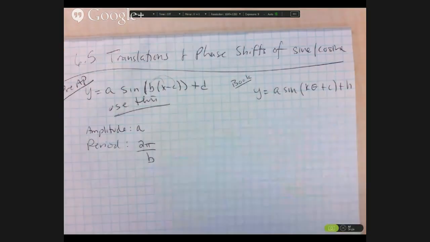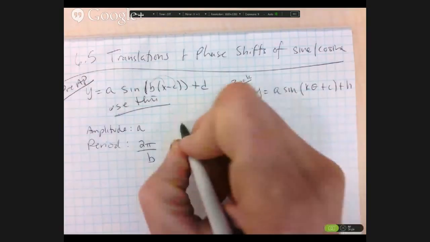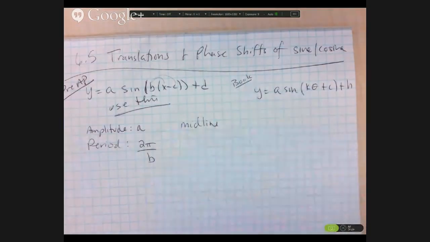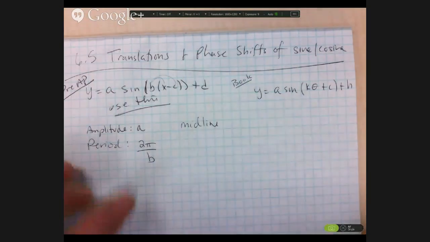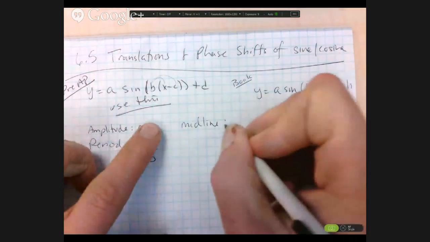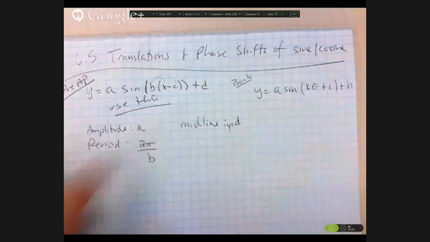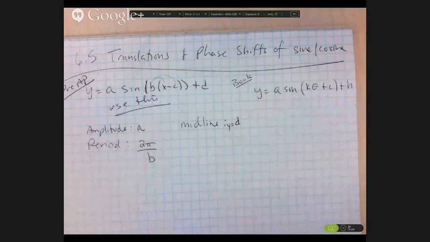We have been graphing on the x-axis, right? That's what we can call the midline. That's where the function goes above and below it by the amplitude. In our case, y equals d is the midline.